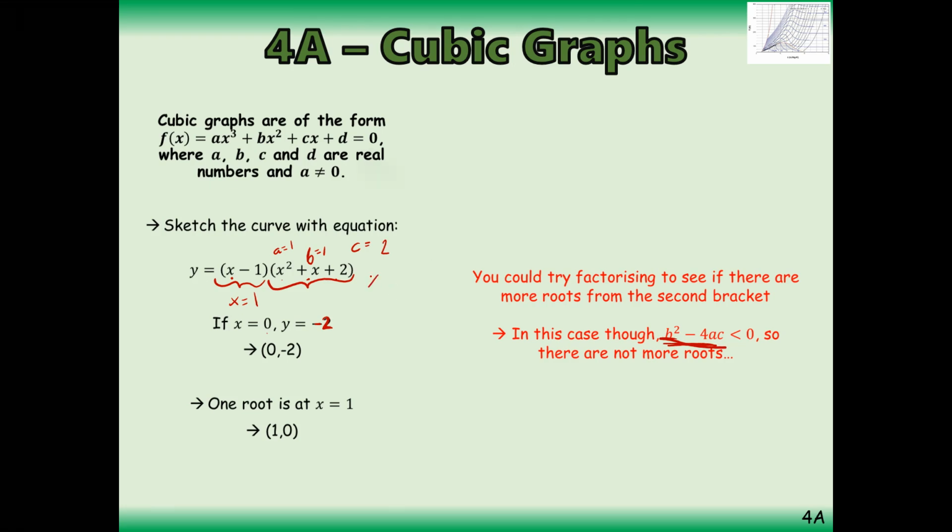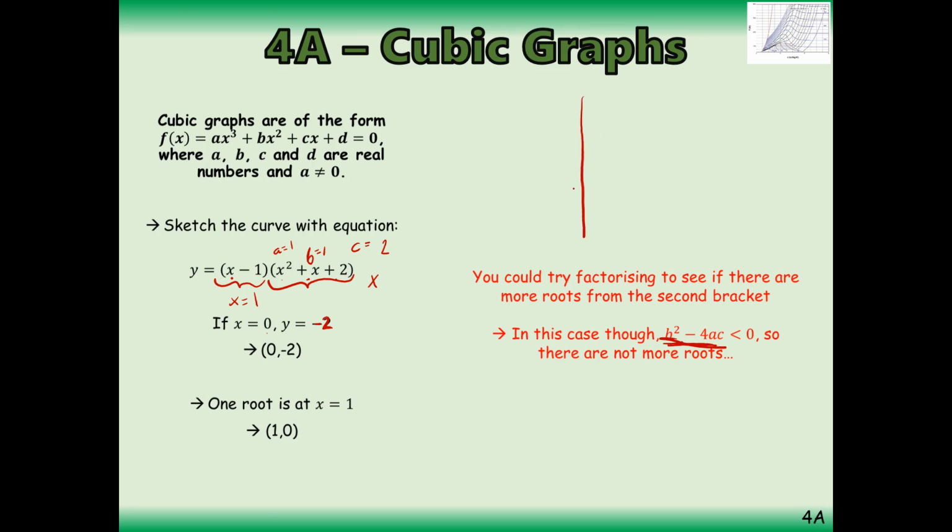So we actually don't have a root, and this is unfactorizable. We can't factorize this. If its discriminant is negative, it cannot be crossing the x-axis.